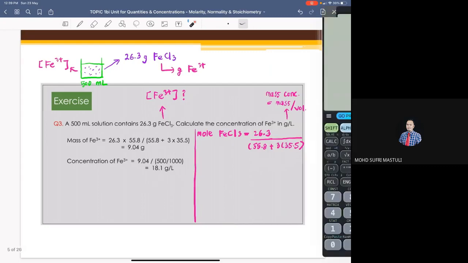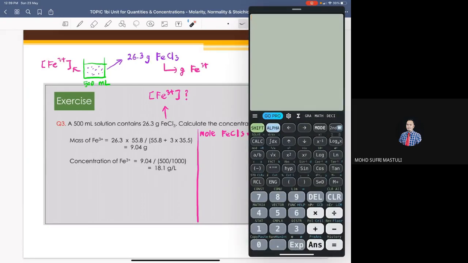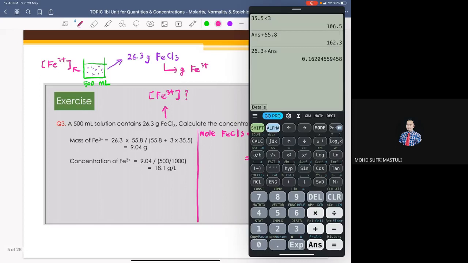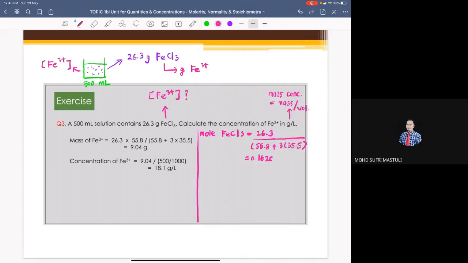It's up to you how you use your calculator. I have my way: times 3 plus 55.8, then 26.3 divided by the answer. So it's 0.1620 mole.